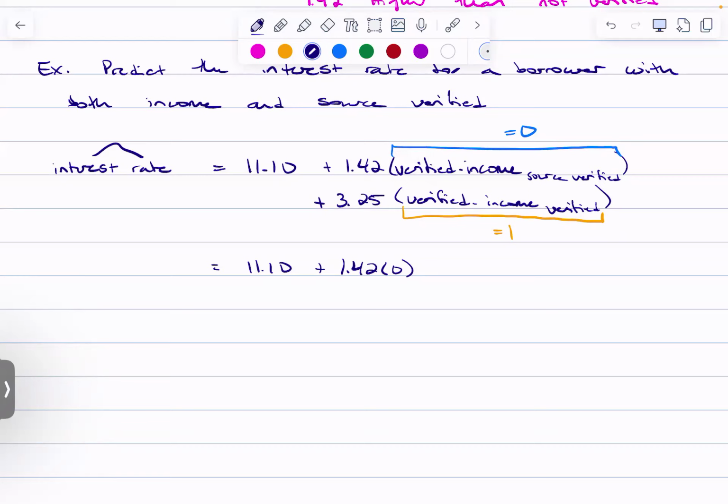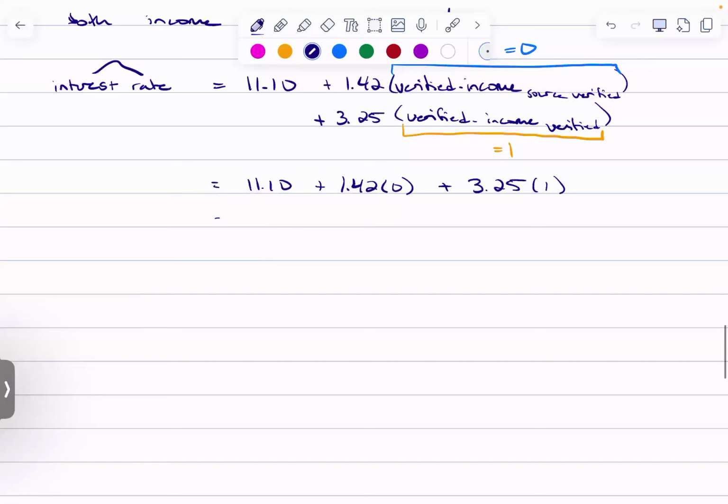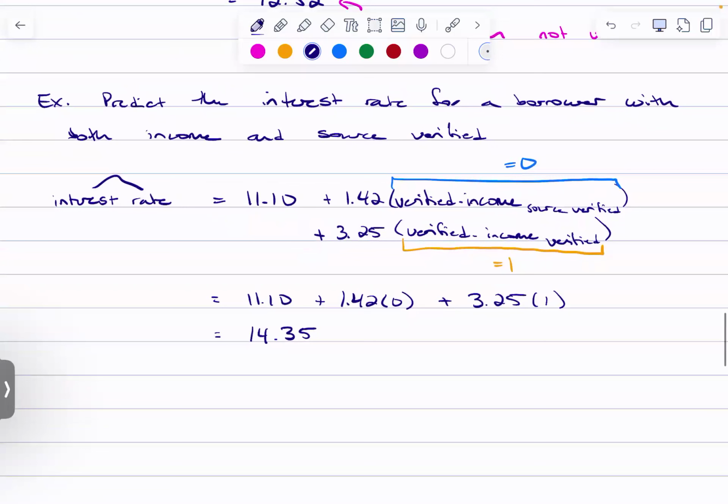Because you don't want to lose it in your model. It's tempting to just drop it because it is just 0. But when you write it out, I want to see it like this, 3.25 times 1. And so you get 3.25 up from 11.1, 14.35%, which is the highest.